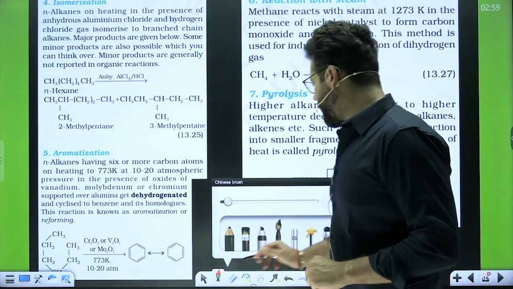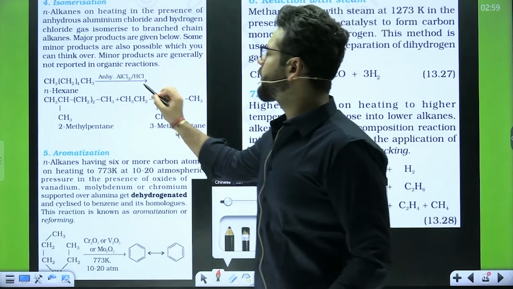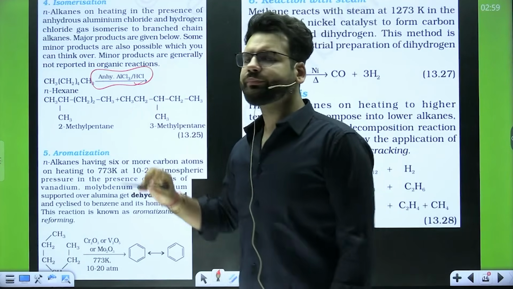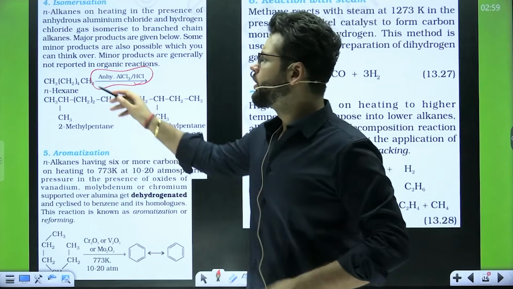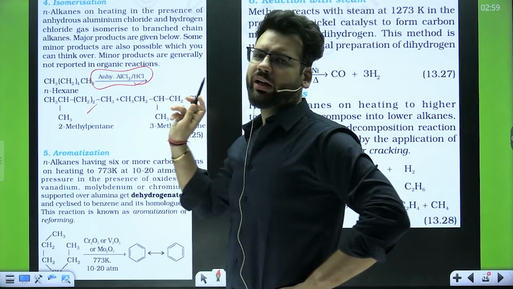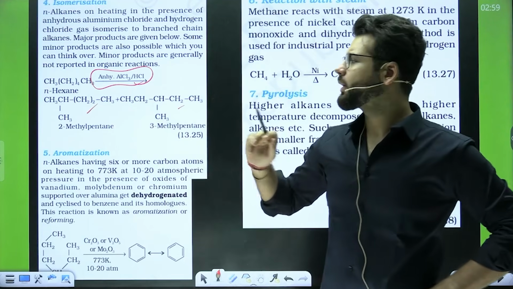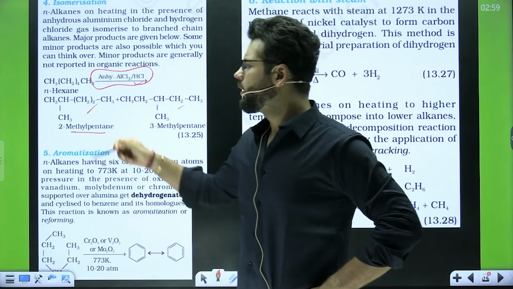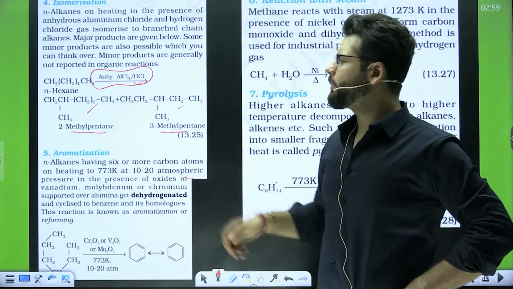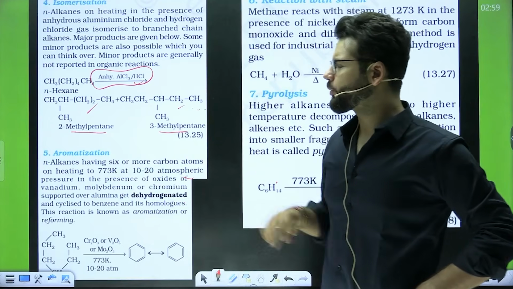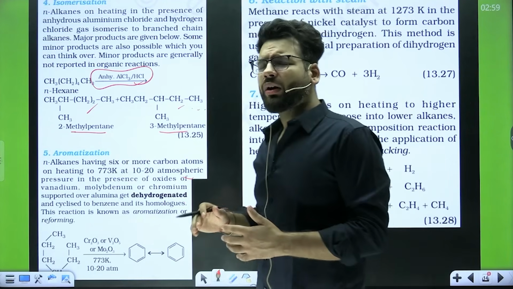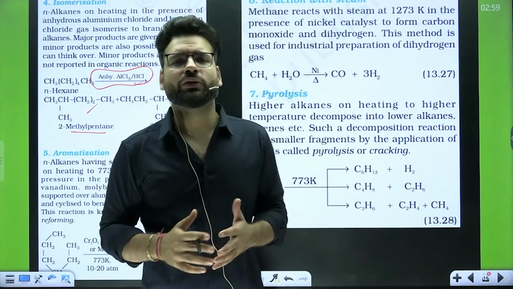Apart from this, you can see the isomerization reaction. Whenever you take anhydrous AlCl3, any alkane can give a rearrangement reaction to give you different chain isomers. So hexane can isomerize to give 2-methylpentane, 3-methylpentane, even neohexane also it can give, and all the byproducts which are possible. These are not great reactions obviously because so many byproducts are there.